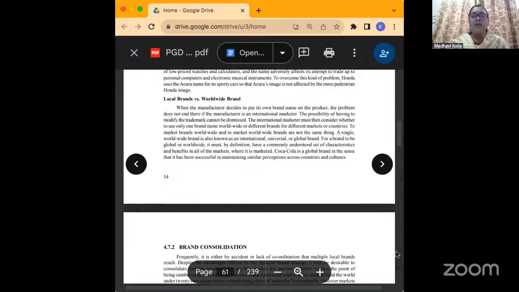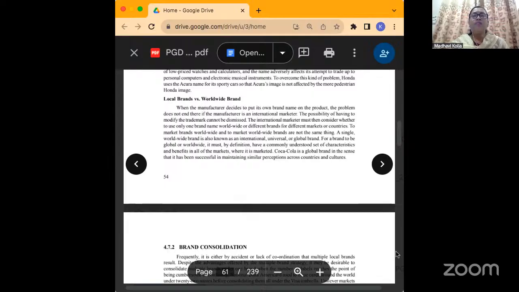And then finally, the local brand versus worldwide brand. I think this is the simplest thing to understand. When you're talking in terms of a local brand, Zudio, for example, is a local apparel brand, whereas Marks and Spencer is an international brand.